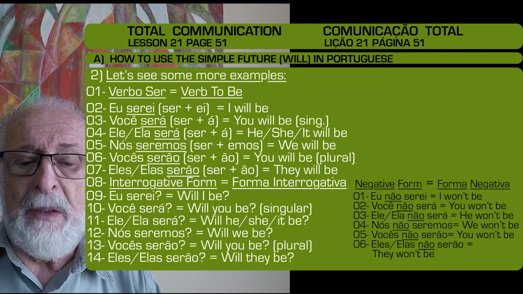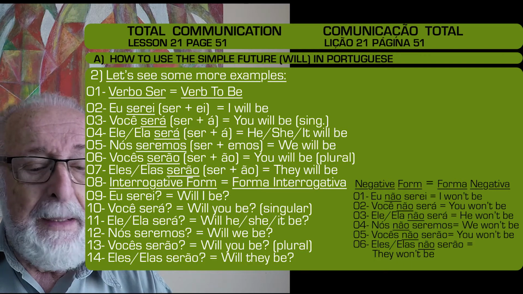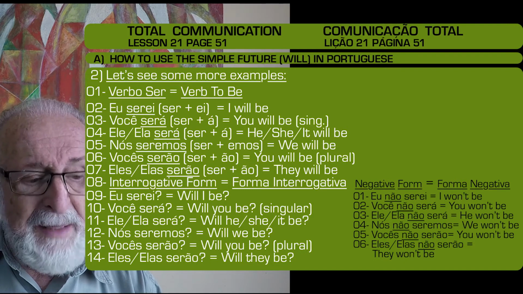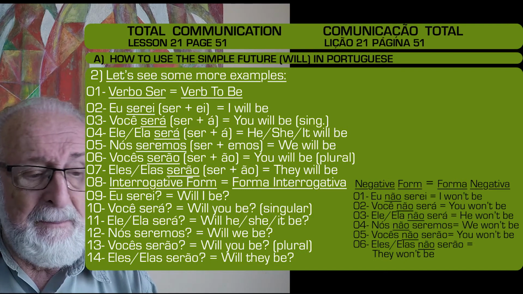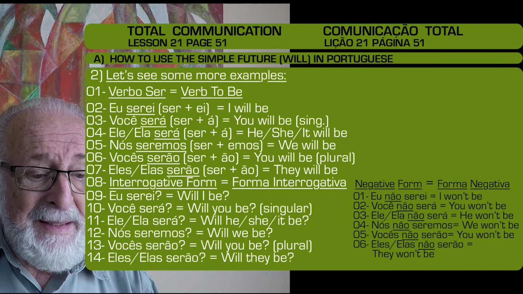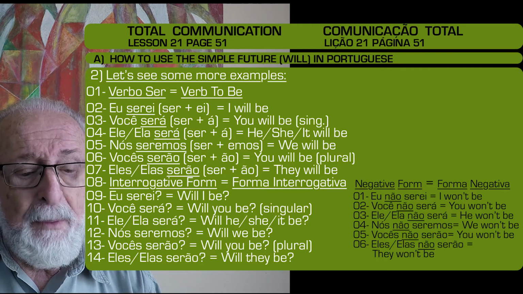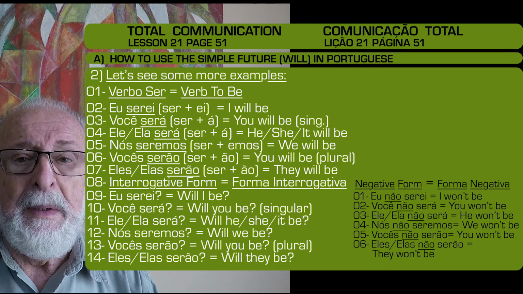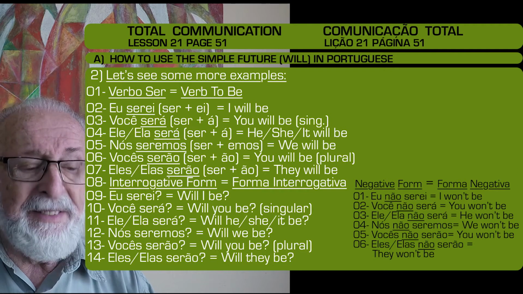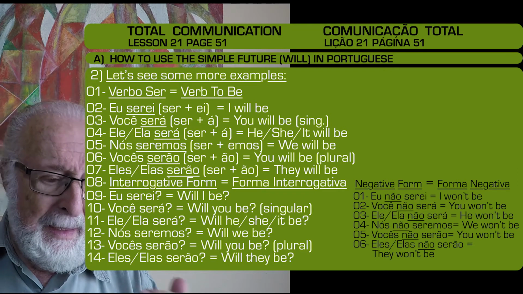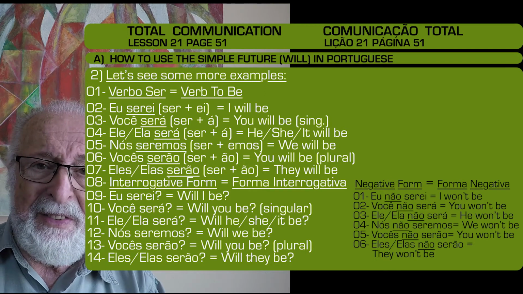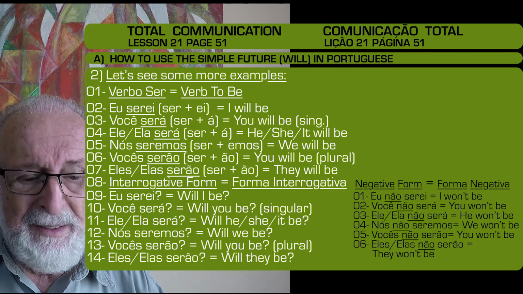In line 6, you have you plural, okay? And in line 7, we have eles or elas serão. It means ser plus ão, which is they will be. It's the plural for they, eles masculine, elas feminine. Okay?